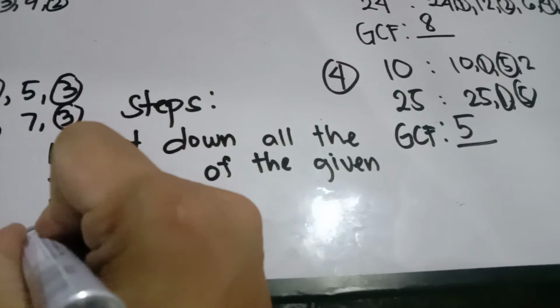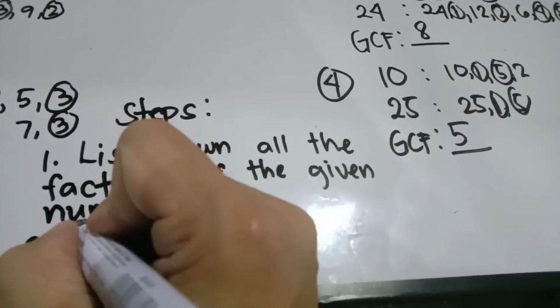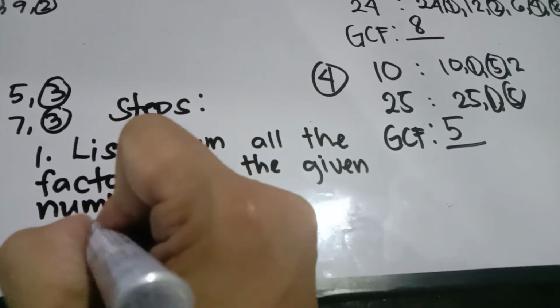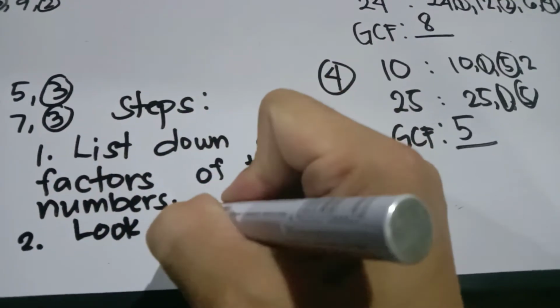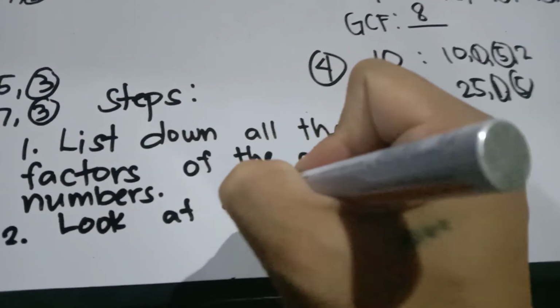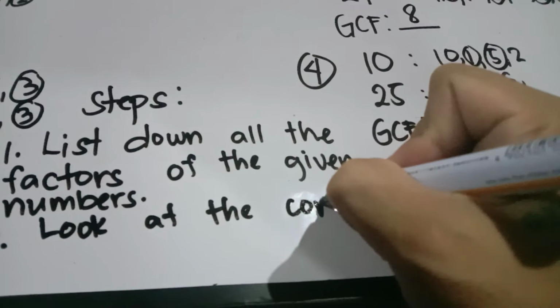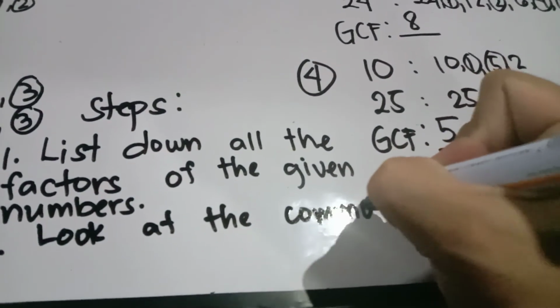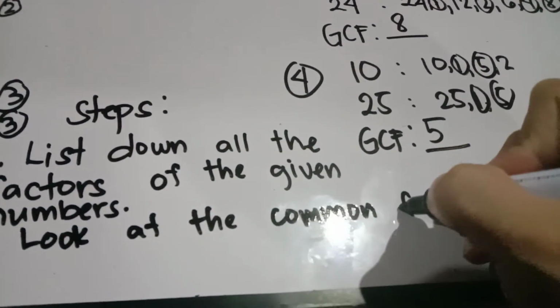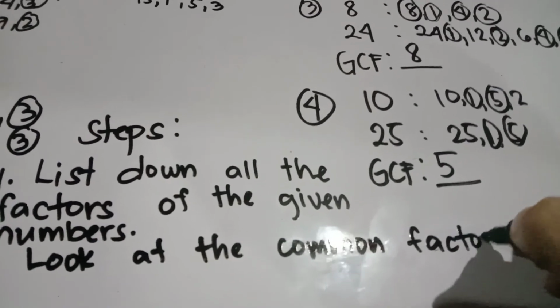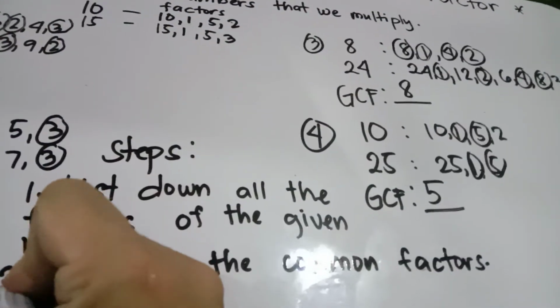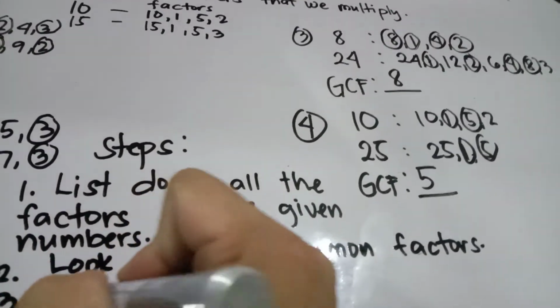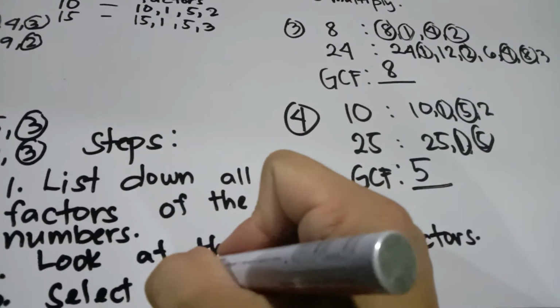In step 2, you're going to look at the common factors. Then lastly, you're going to select the greatest common factor.